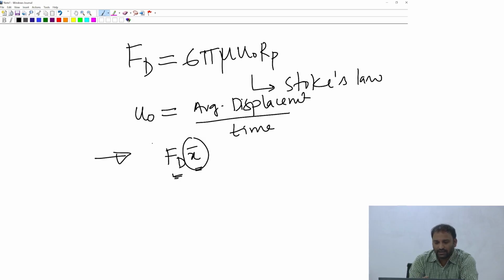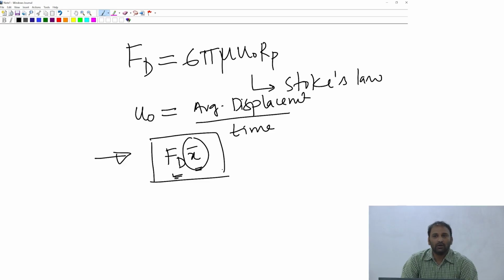Now, this energy that is required to move the particle, where does it come from? It comes from the thermal energy, your kBT. We said that the reason the particles are moving is because the solvent molecules are hitting the particle. And why are the solvent molecules hitting the particle?